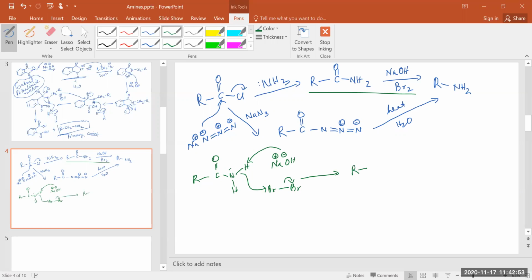The product will be RCO-NHBr. Again, the base will take this proton, so it will make nitrogen minus, Br.